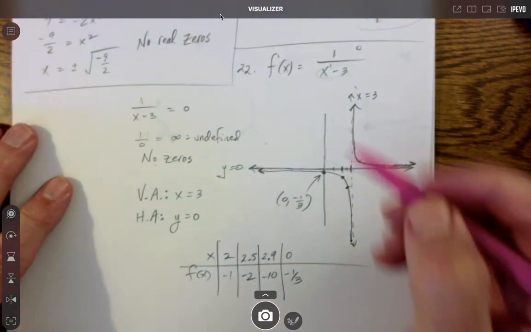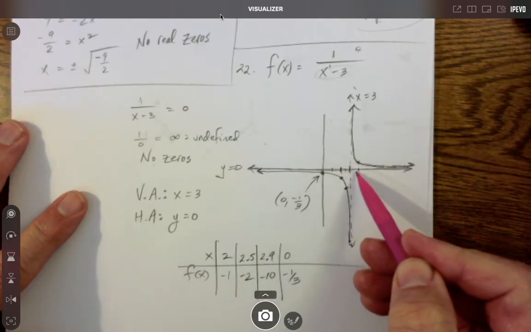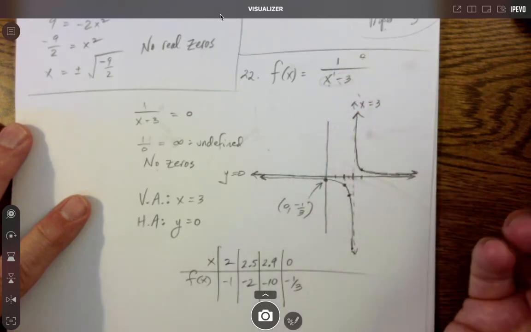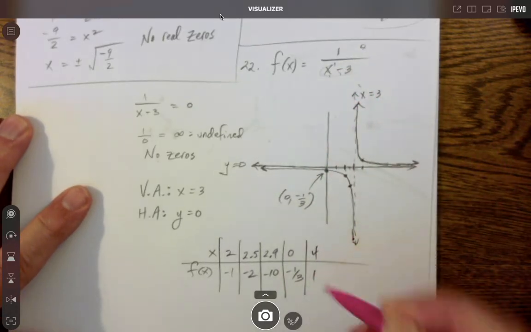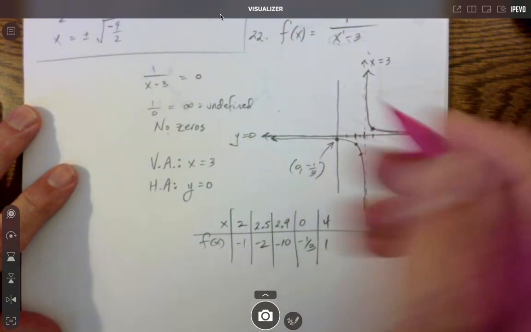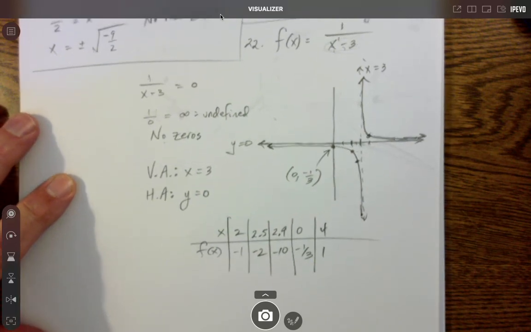We could find some points there. Probably at 4, I'm going to get 1. Because if I put 4 in here, 4 minus 3 is 1, and 1 over 1 is 1. So (4, 1) is another point on the graph, which is here. All right, that's how you graph that.